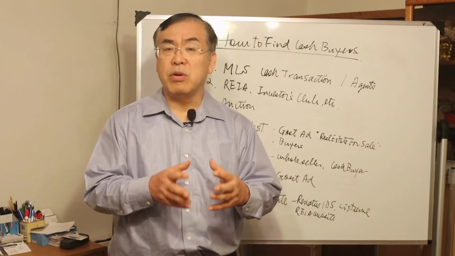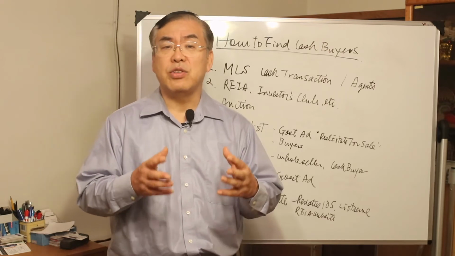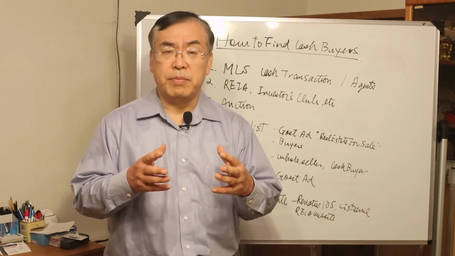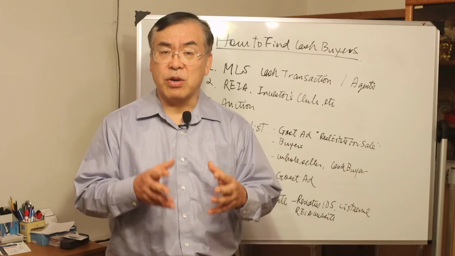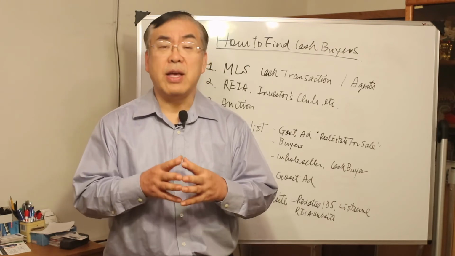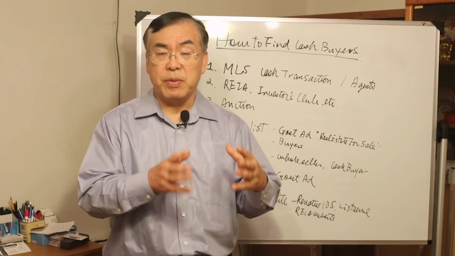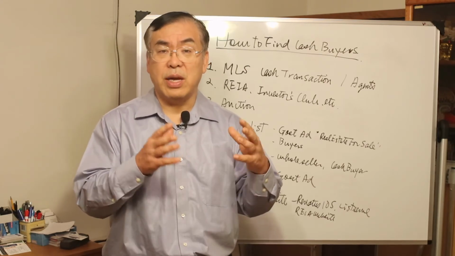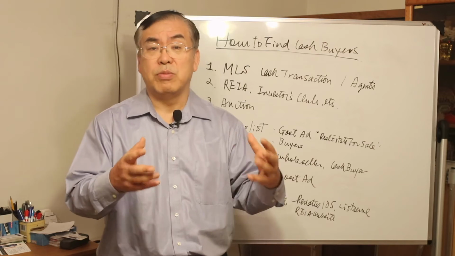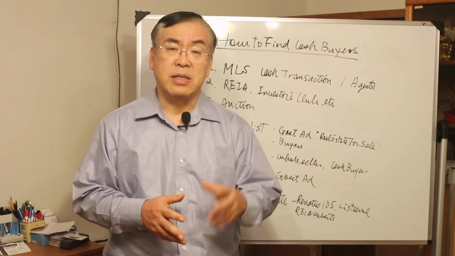Those agents might know more cash buyers interested in buying properties in those areas. So you should contact the agents who brought cash buyers to that area and ask them to bring a cash buyer for your deal. This is the number one way.